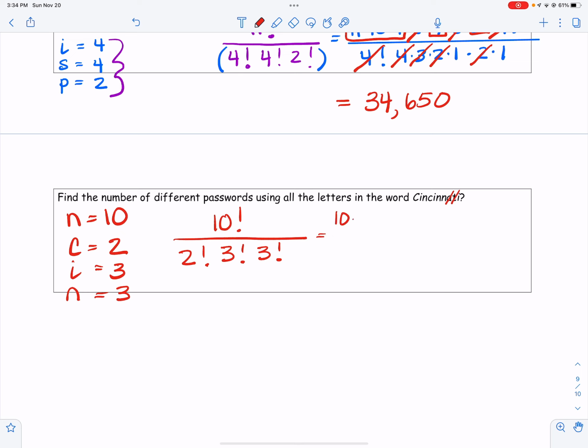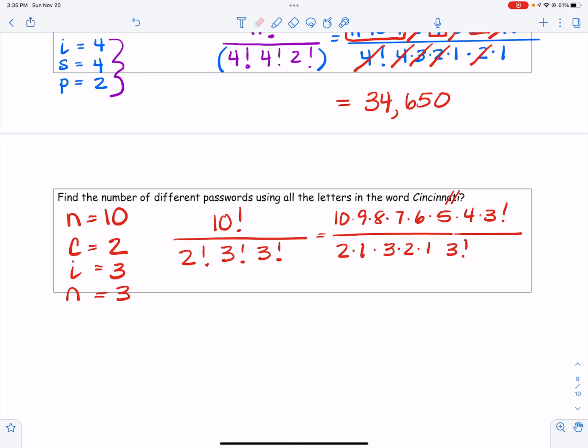So 10 times 9, 8, 7, 6, 5, 4, 3. And then I've got 2 times 1. And I've got 3 times 2 times 1. And then I've got 3 factorial. So this is going to cancel out. Let's see. 2 times 3 cancels out a 6.